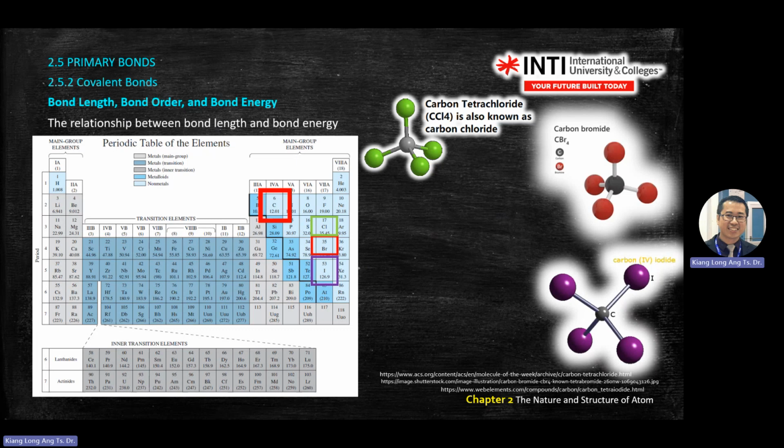Cl is at row number 3, Br at row number 4, I at row number 5. So as you move down from top to bottom, Cl, Br, I, the size is increasing. But carbon is a bit small compared to them.